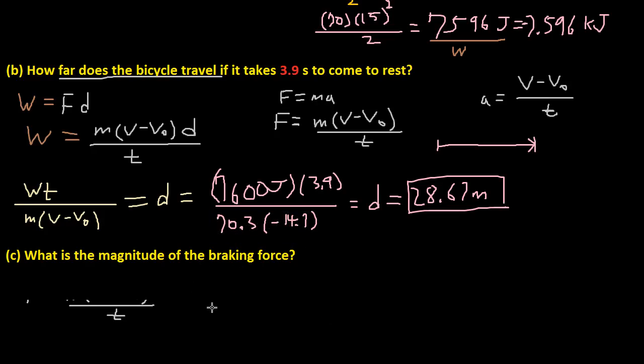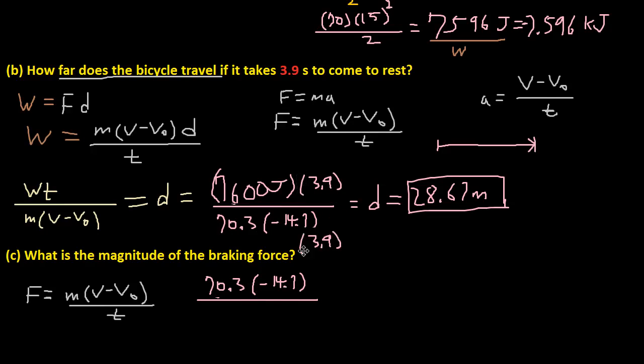Hang on, let me bring this back. I guess I can't bring that back, so I'll just copy it again. Then divide by 3.9, which is time.